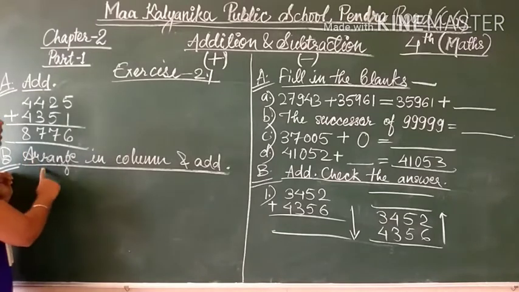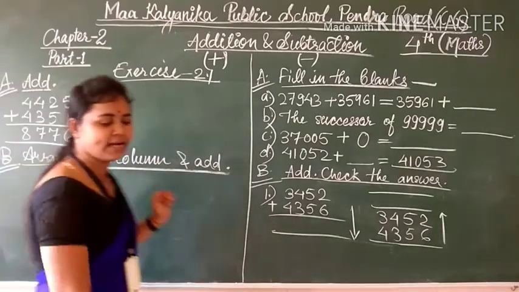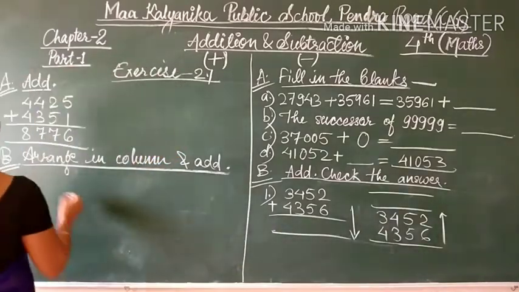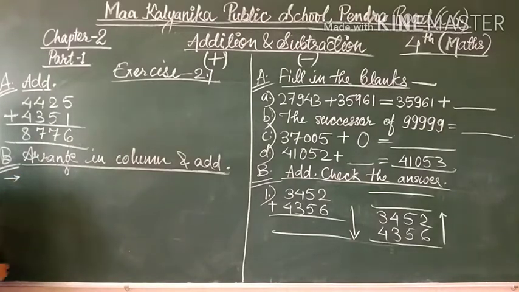Question number B is: arrange in column and add. One example I am taking here.